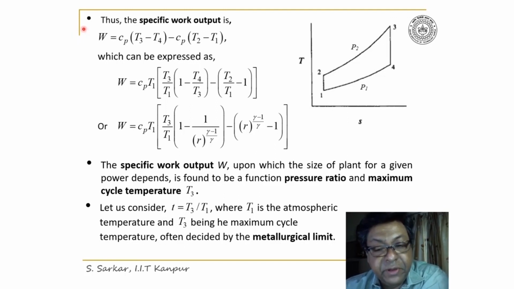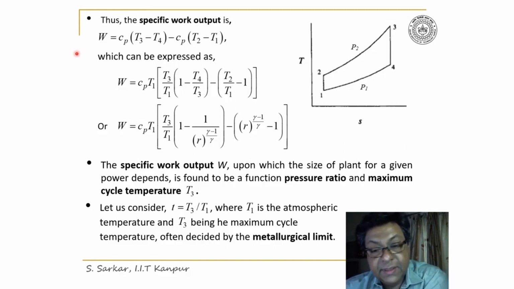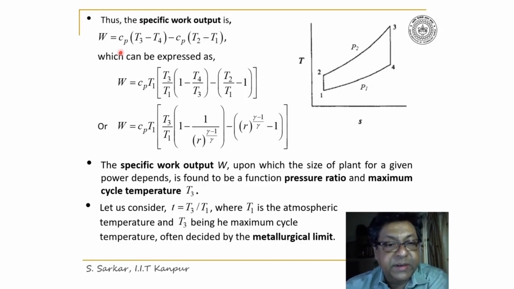Here I derive the expression for the specific work output for the simple gas turbine cycle. Let the specific work output, that is work output per unit mass flow rate, be denoted as W. So W is equal to Cp into (T3 minus T4), that's the turbine work, minus the compressor work, that is Cp into (T2 minus T1).